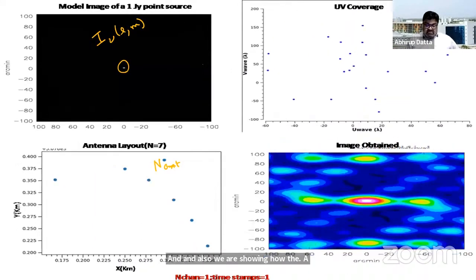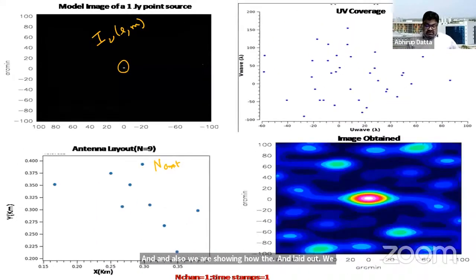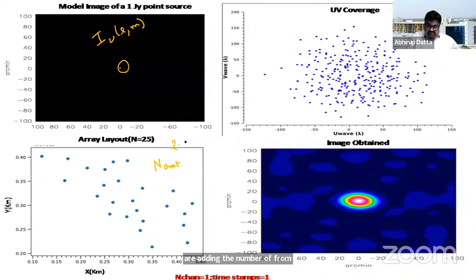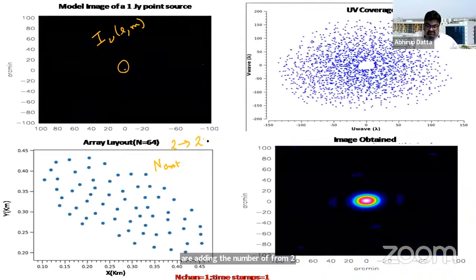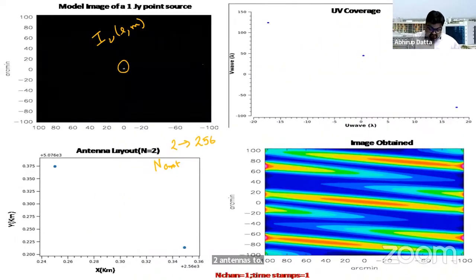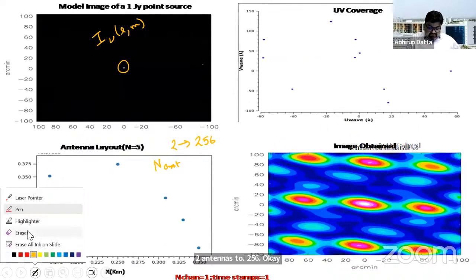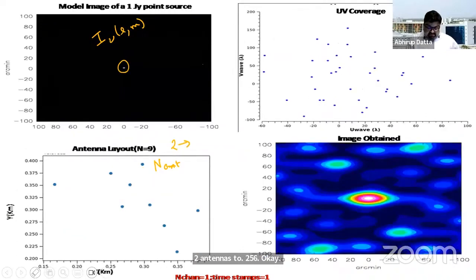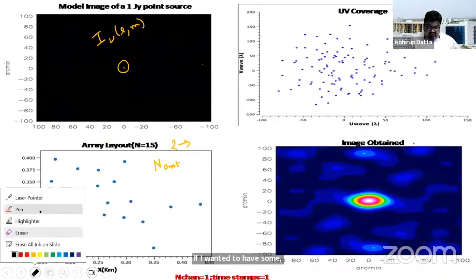We are varying the number of antennas from two antennas to 256. Oh, sorry, 512. And 512 has some significance. We can avoid that right now.